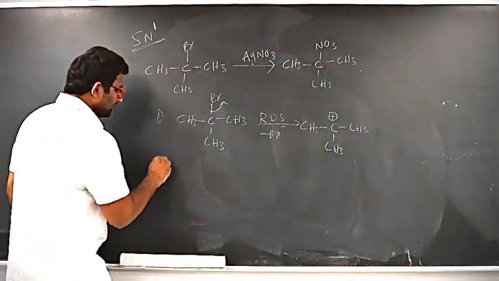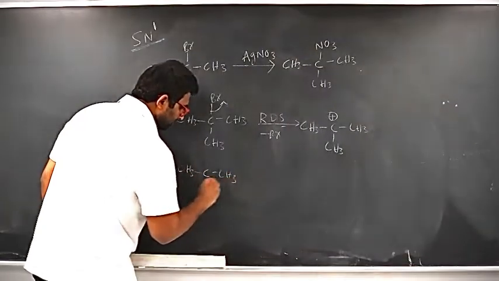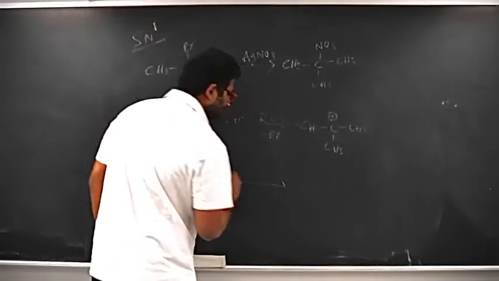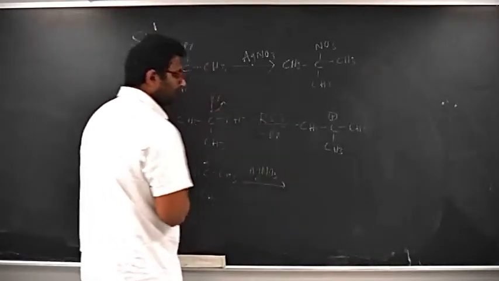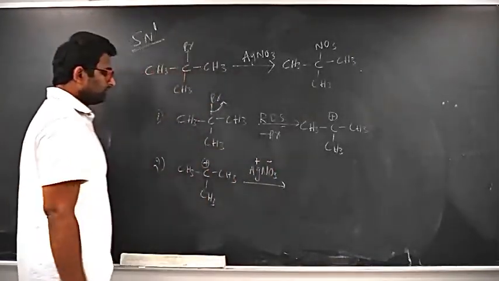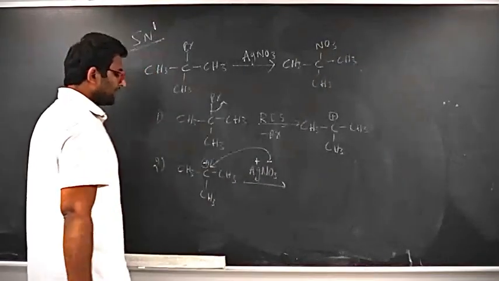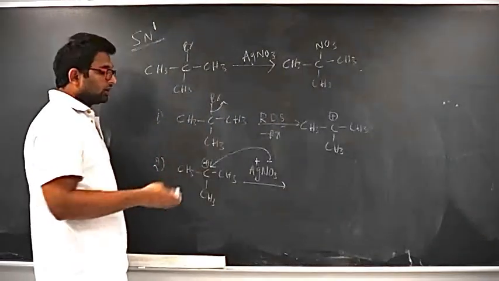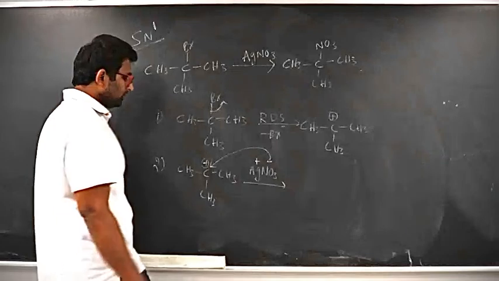In the second step, the carbocation reacts with silver nitrate, and the silver nitrate exists as silver plus and NO3 minus. NO3 minus reacts with the positively charged carbon, because we said a nucleophile is something that reacts with a positively charged species.